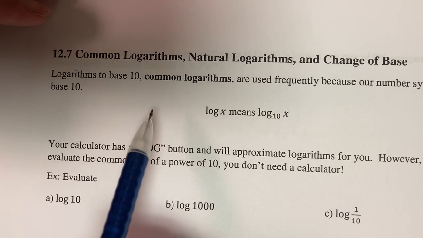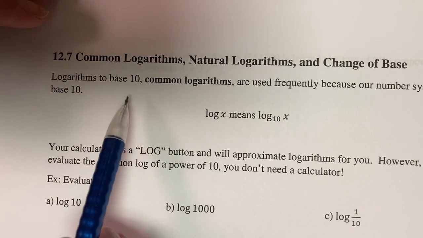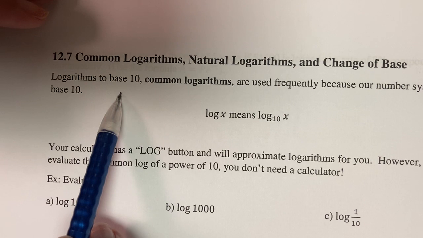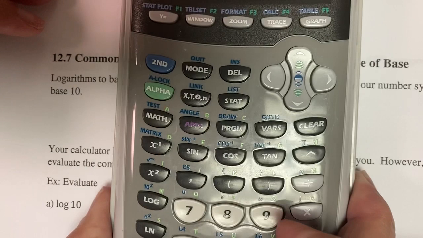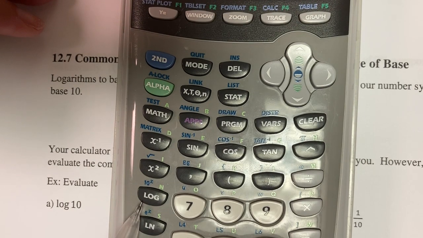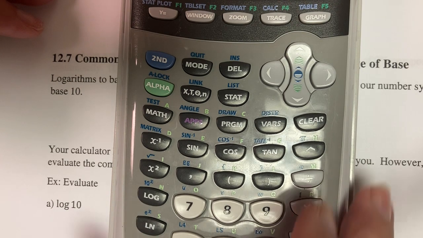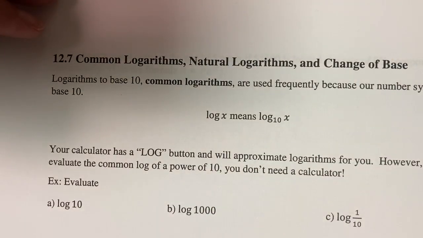The first thing we're going to talk about is common logs. When we talk about common logs, we're talking about a log with a base of 10. When you see the log button on your calculator right here, that is a log base 10. It's a common log. It's what all calculators are going to have.